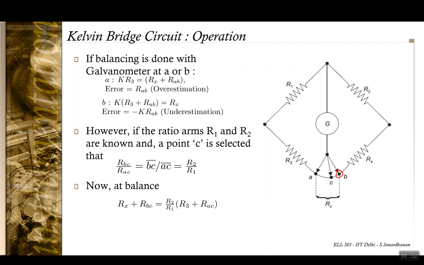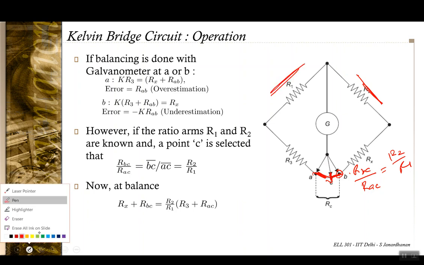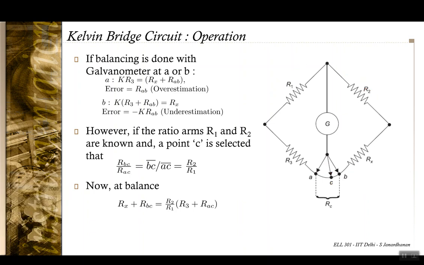If we are able to find a point C between A and B such that RBC by RAC is equal to R2 by R1, that is, this resistance divided by this resistance is the same as this resistance divided by this resistance, how would that affect things?